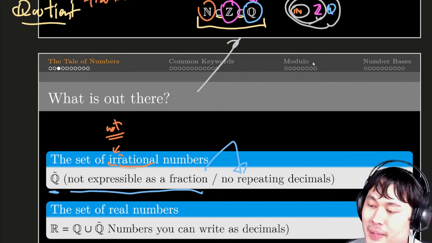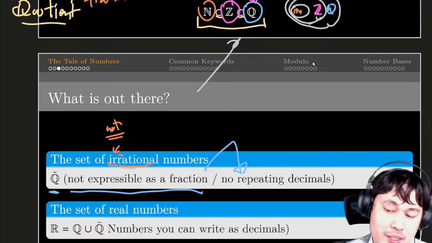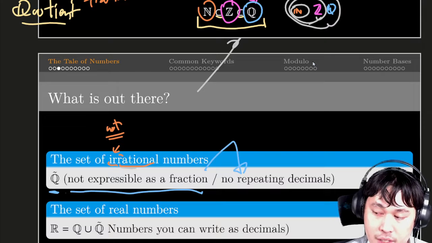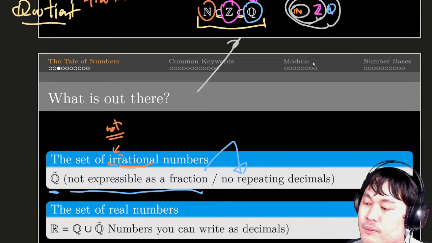And if you know some math, you know that there's also an alternative definition, which is that it cannot be written as a repeating decimal.